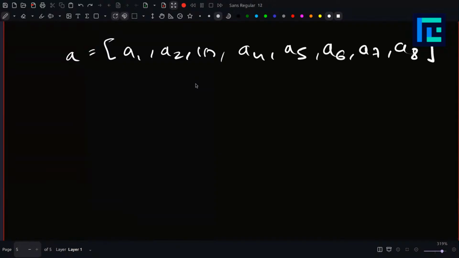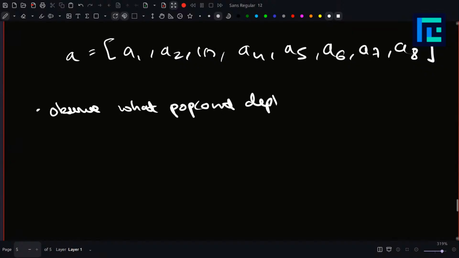So how to approach this problem? Well, first we need to explore and observe what pop count depth is.